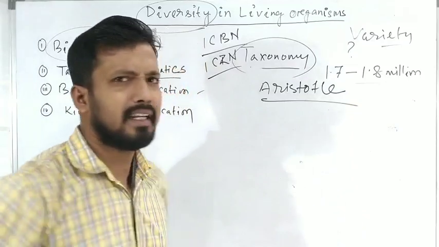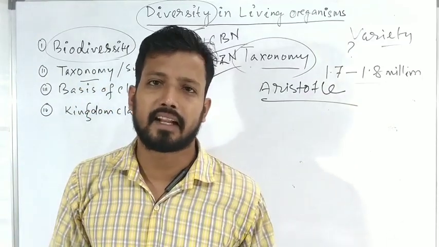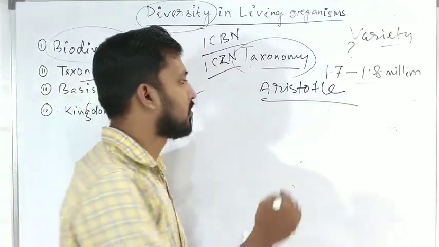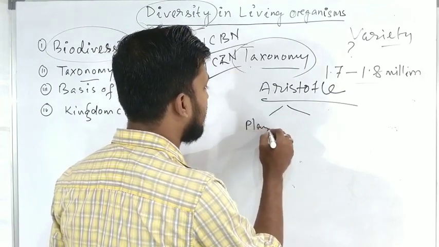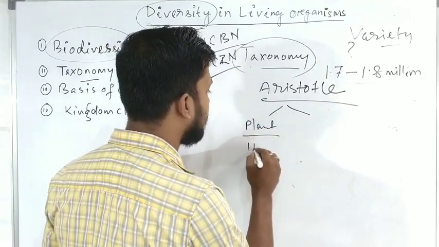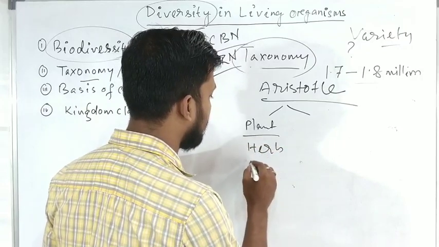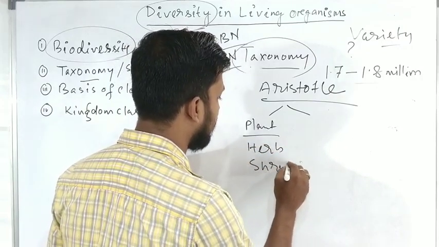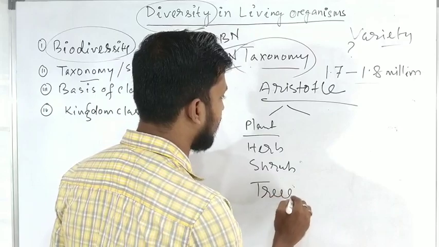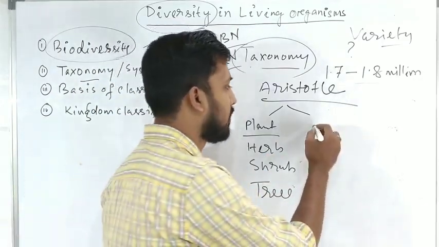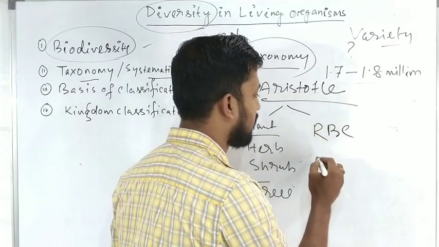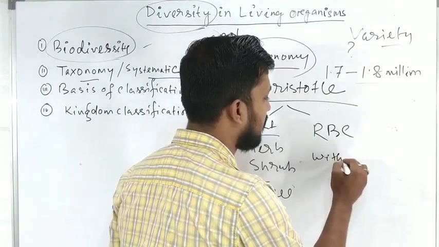Aristotle took some morphological, superficial characters. That is, he classified the total plants and animals. Plants he classified into herb, small ones called herbs, then shrubs, then the larger ones are trees. And animals, those who have red blood cells, RBC, and those without RBC.